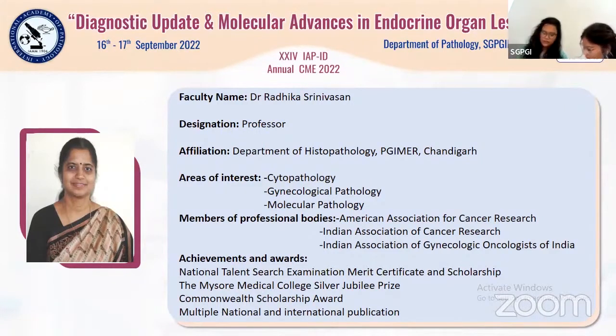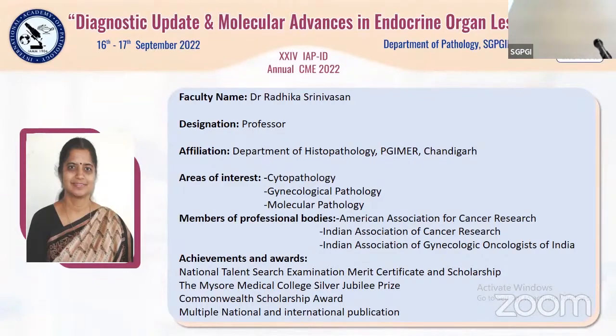Professor Radhika Srinivasan is the head of the Department of Cytology and Gynecological Pathology at PGIMER Chandigarh. Her main areas of interest are cytopathology, gynecological pathology, and molecular pathology. She is a member of various professional bodies like the American Association for Cancer Research, Indian Association of Cancer Research, and Indian Association of Gynecologic Oncology.